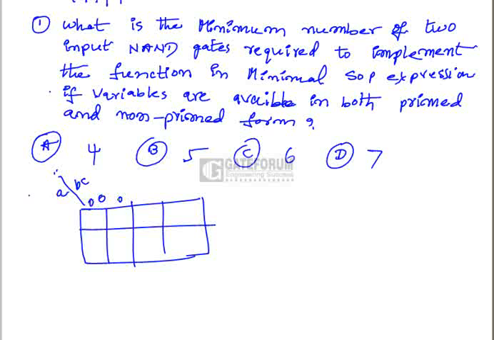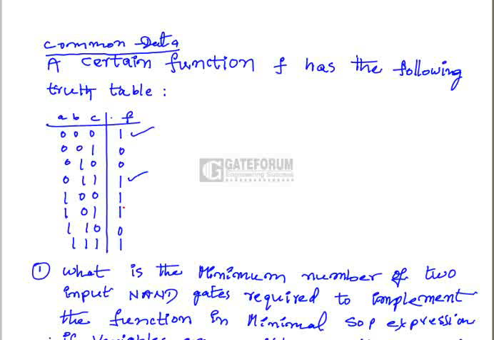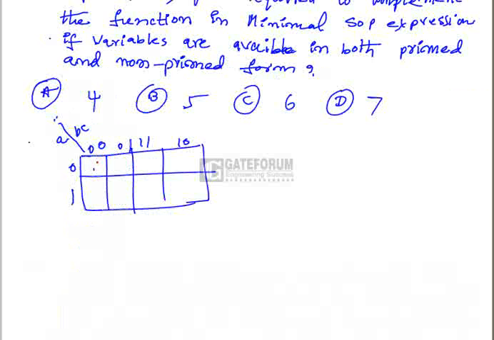The minterms producing one are 0, 3, 4, 5 and 7. So these are the minterms producing ones.